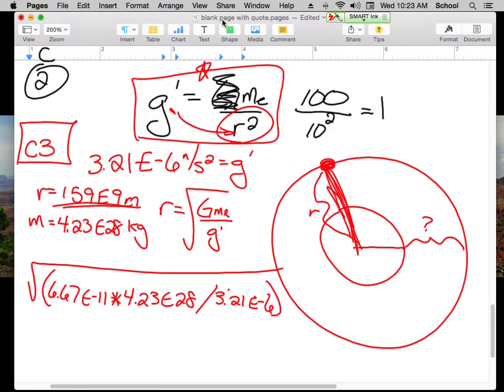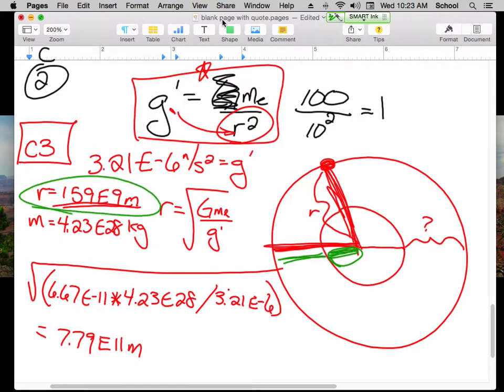Close the parentheses, and we get a number, 7.79 exponent 11 meters. That's going to be this whole distance right here. So what I need to do is subtract out this much of it, which we already figured out was the planet's radius. So I just need to take this minus 159 exponent 9, equals.